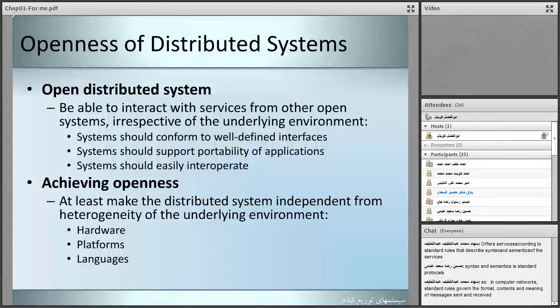Why? Because if Adobe Corporation wants to add a new service for file sharing between students, it is not difficult. It can be implemented easily because the file transfer protocol, FTP, is known and it is clear. We have some protocols for file transferring. It is called FTP, File Transfer Protocol.